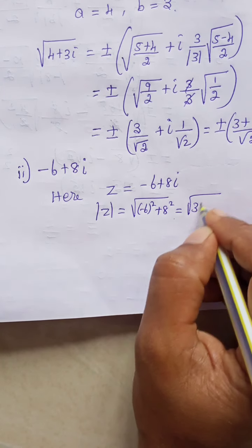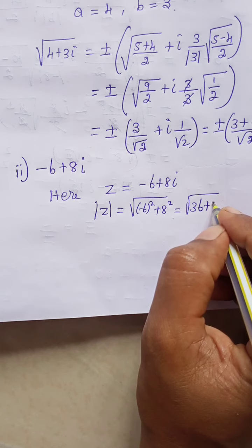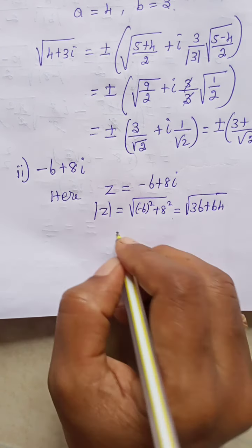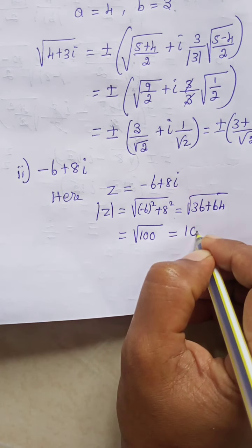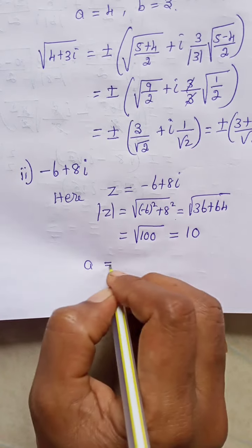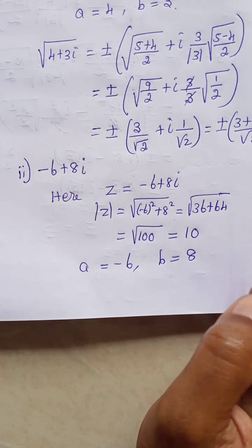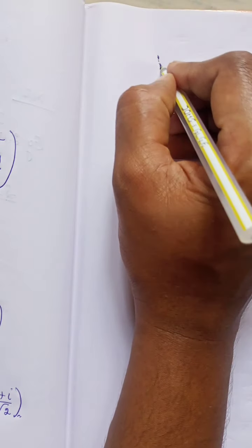So, we get root of 36 plus 64, which is equal to root 100, and the answer is 10. Here a equal to minus 6 and b is equal to plus 8. Shall we substitute in the formula?